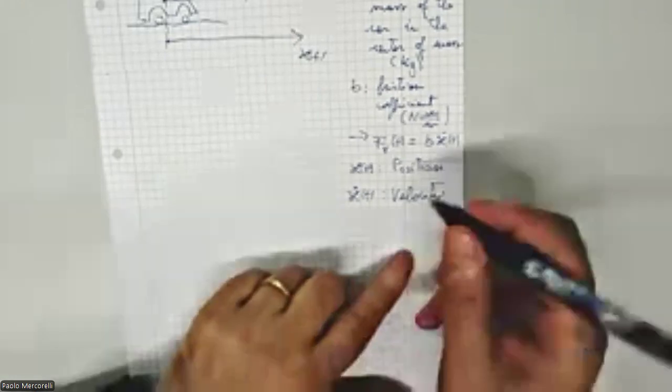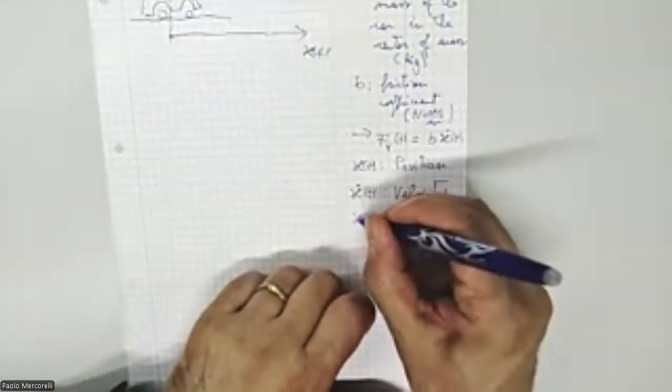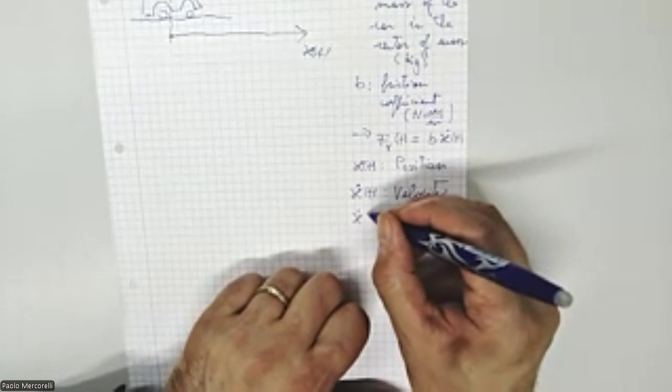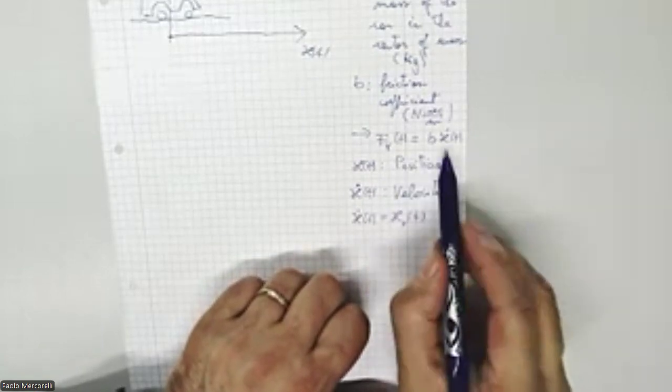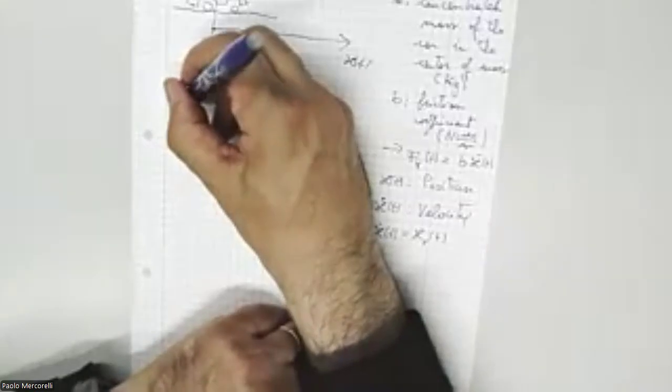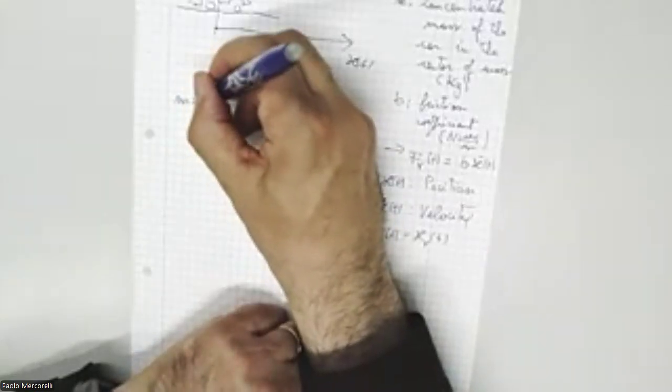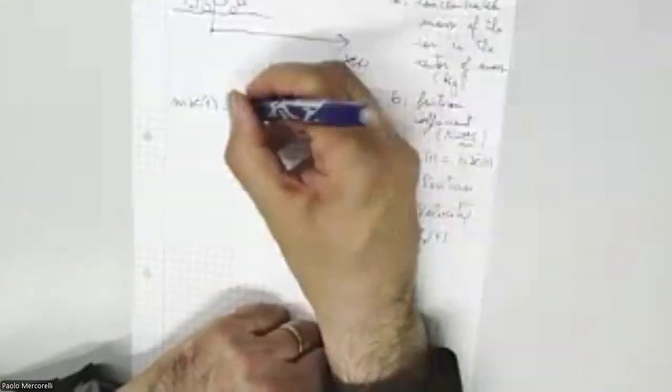Very often we write X dot of t equal V, the velocity, and sometimes X equal the position. But let me go ahead a little bit faster. You remember the moment we have seen, but probably you remember for other courses.